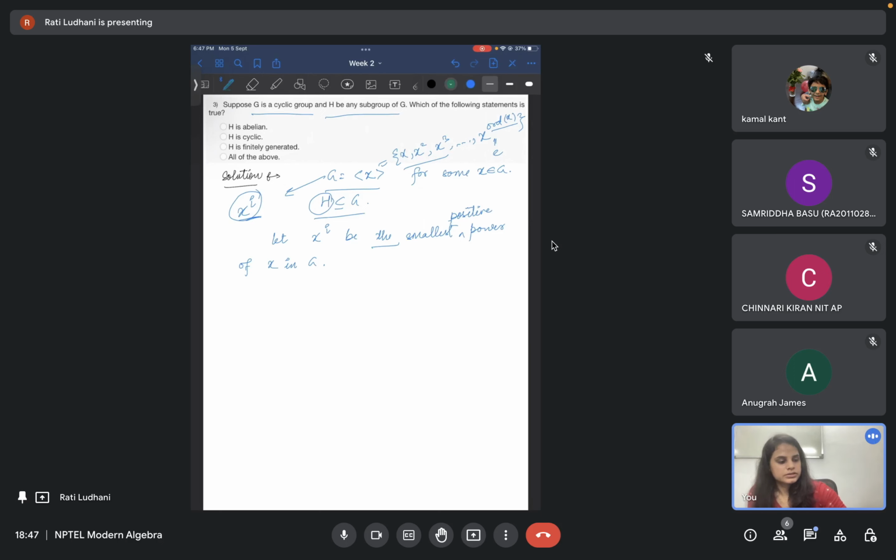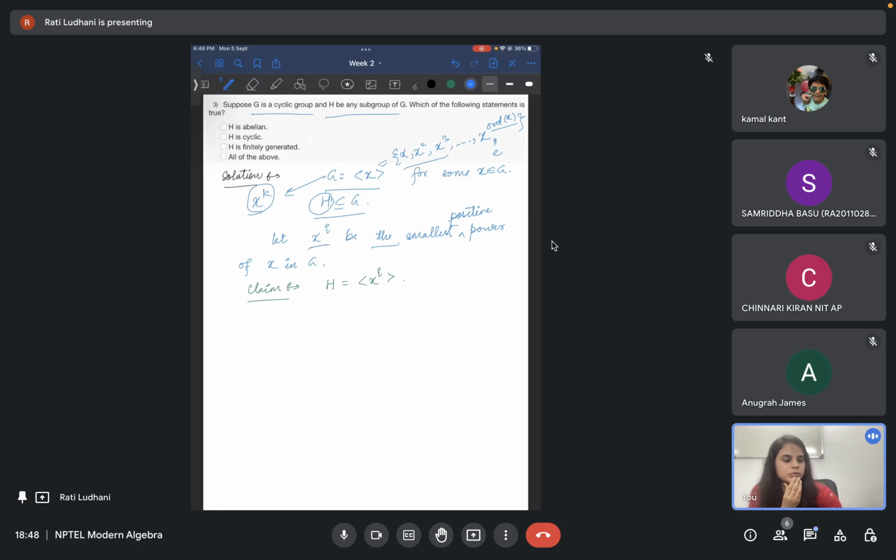Now the claim is H is equal to the subgroup generated by x raised to power i. So I'm claiming that H is actually generated by this x raised to power i. So don't be confused with this i. All the elements will look like x raised to power, let's say k or something, and I'm saying i is such that x raised to power i is the smallest positive power in H.